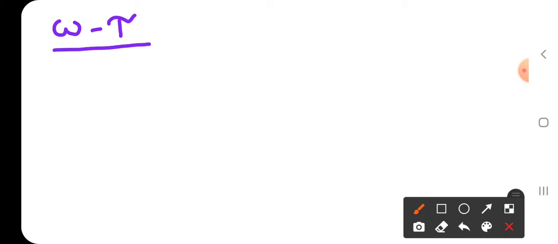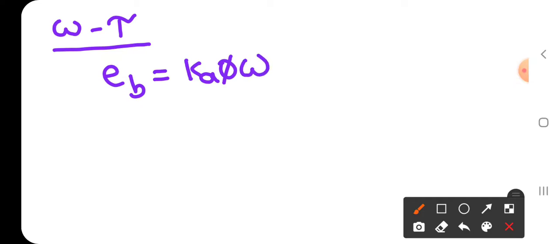We know the equation for the back EMF: Eb is equal to Ka phi into omega, where omega is the angular velocity of the motor in radians per second, and phi is the flux, which is constant in both cases, separately excited motor as well as shunt motor.